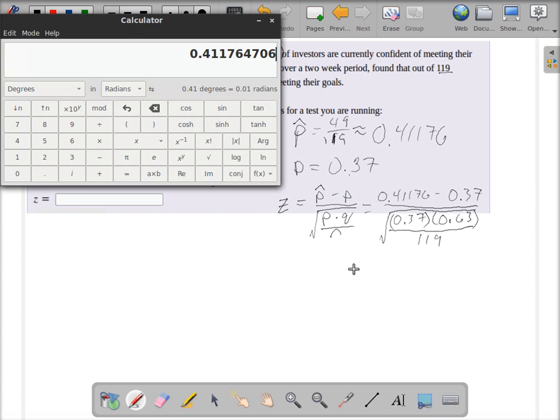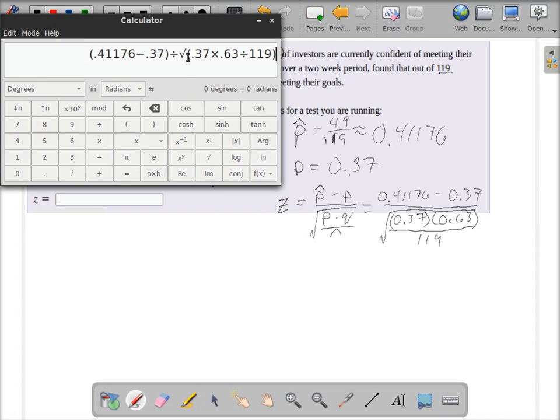So plugging this into our test statistic formula and using parentheses appropriately, we have 0.41176 minus 0.37 divided by square root, parentheses 0.37 times 0.63 divided by 119, and we'll close the parentheses.